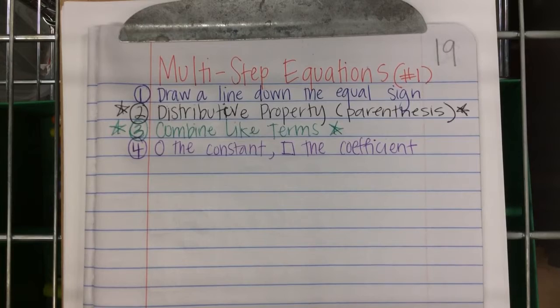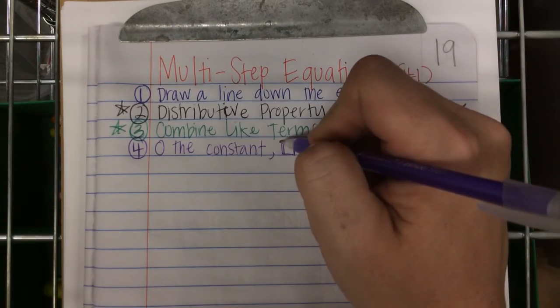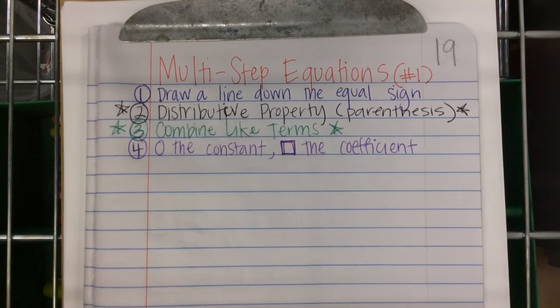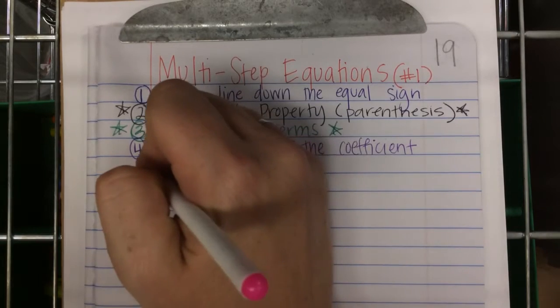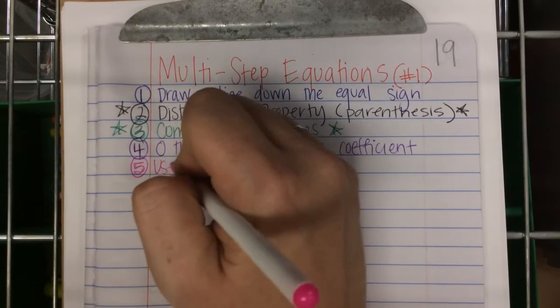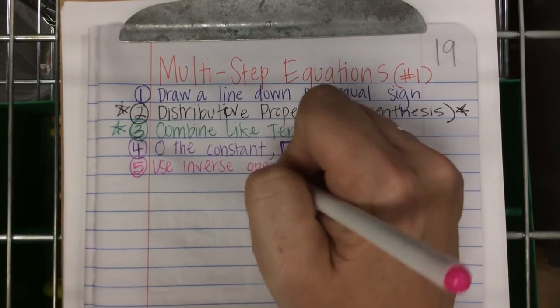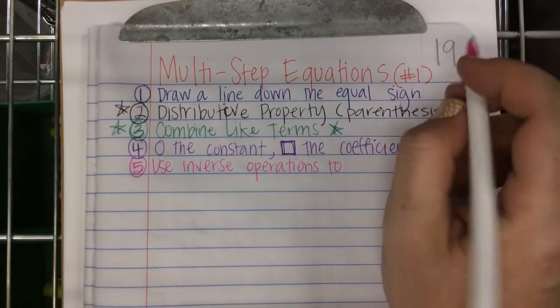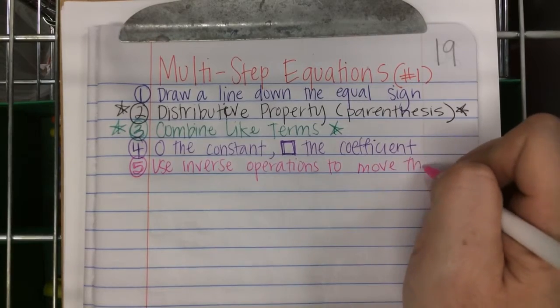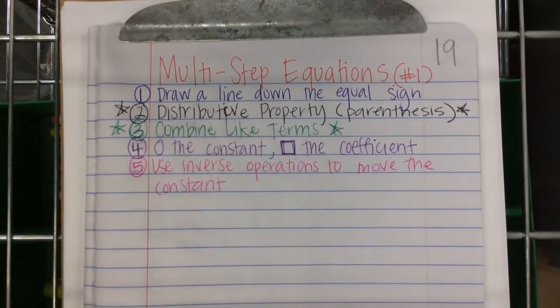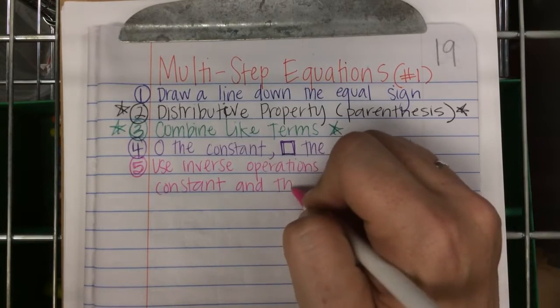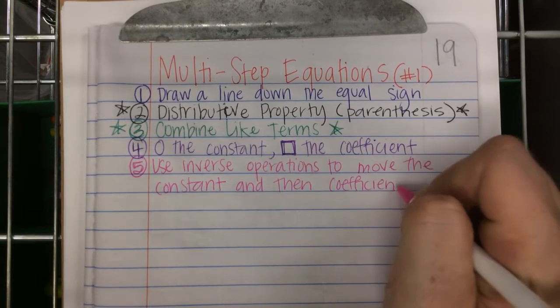Circle the constant, draw a square around the coefficient. Step 5 is use inverse operations to move the constant and then the coefficient.